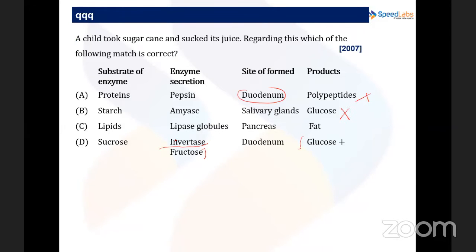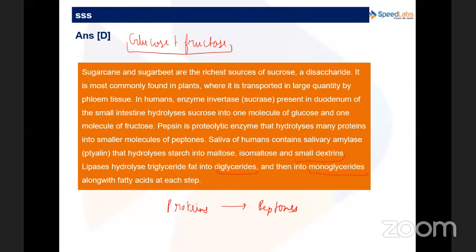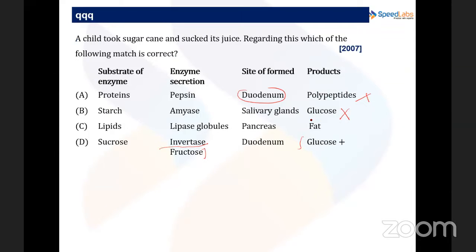Lipids, enzyme secretion, lipase, and it converts fat into diglycerides and monoglycerides. Hence, this is incorrect. I hope you are clear with this question. Now let's look at the other question.